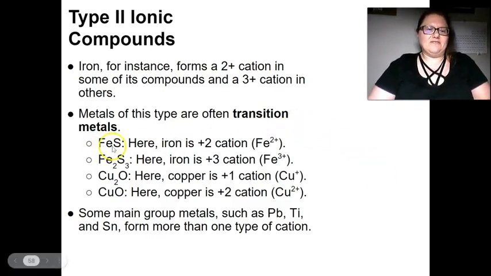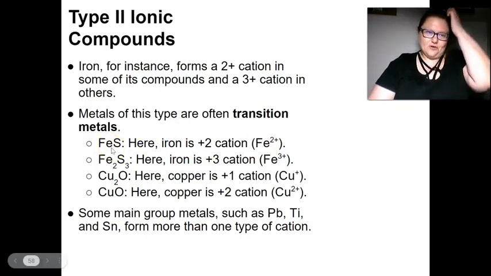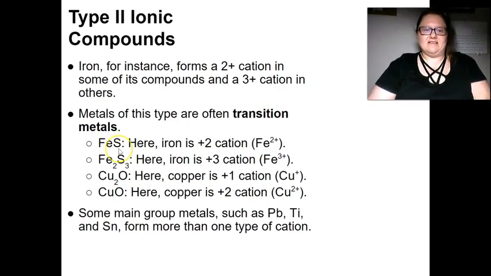Here I have Fe and S. Iron is the +2 ion in this compound. The reason I know that is I know that the other element, the S, is always -2. It's in group 6A. That's always -2.